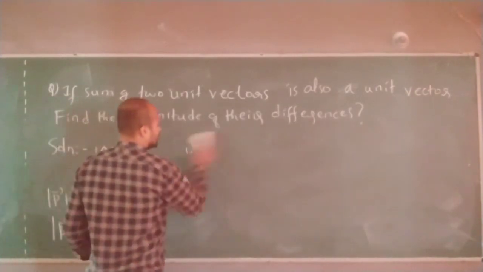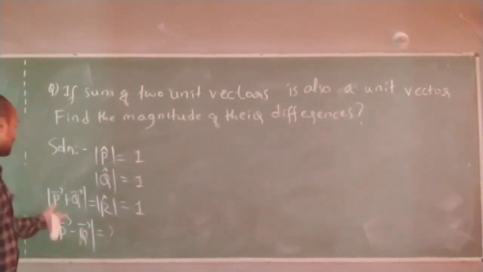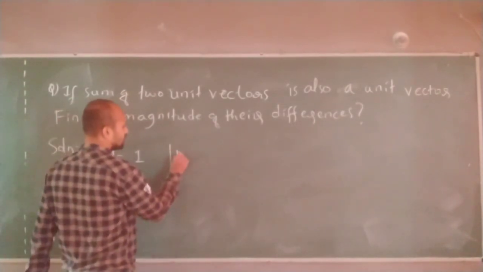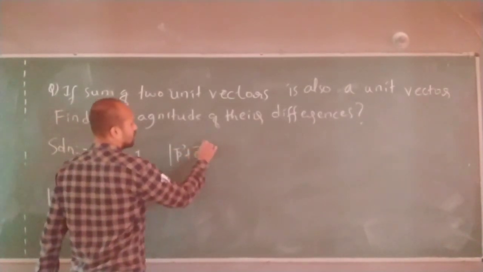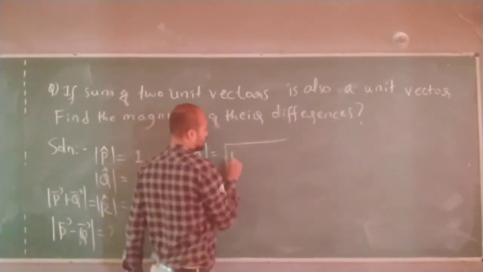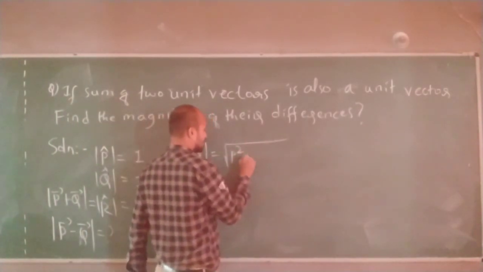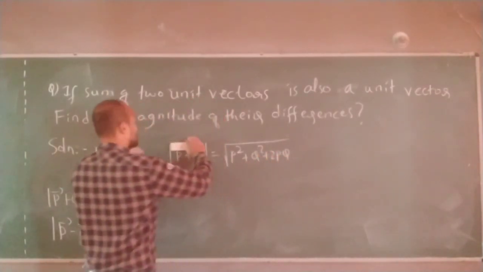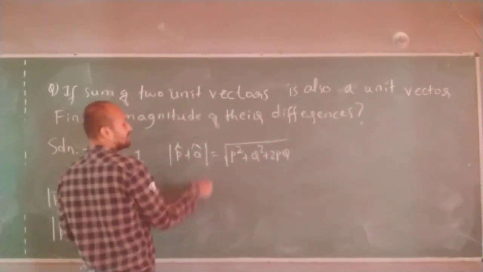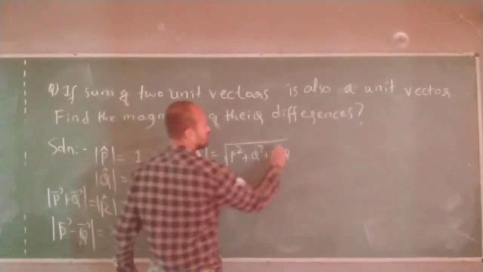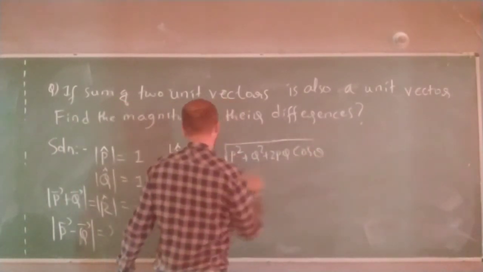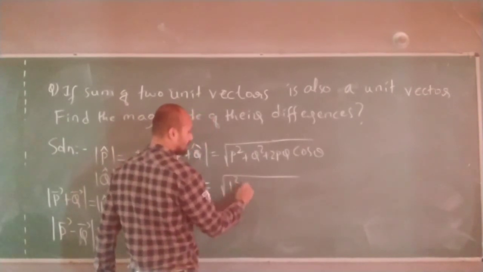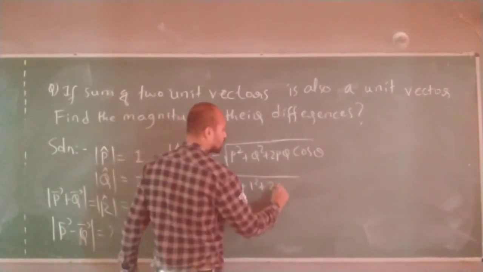So we will do one thing. You know how to find P minus Q, and you know how to find P plus Q. The magnitude of P plus Q is given by root of P square plus Q square plus 2PQ cos theta. Here, no cap on the vector, because all are unit vectors, so this into cos theta. This value is 1, this is 1 square, 2 cos theta.